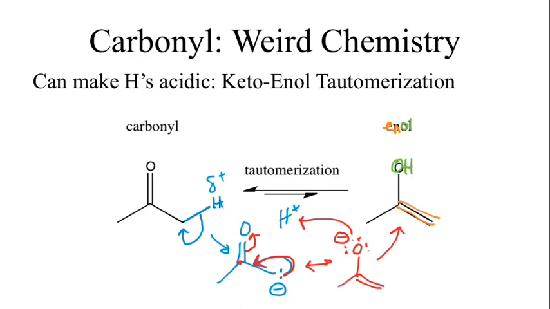Okay, so it's one of the reasons why we've got to at least address that chemistry is there. To top it off, what makes this more interesting or applicable is that it ends up generating a pretty nucleophilic carbon. Okay, because that carbon, if we go back to our resonance, is negatively charged.